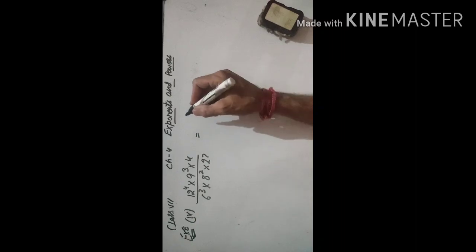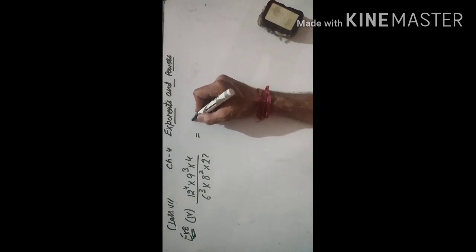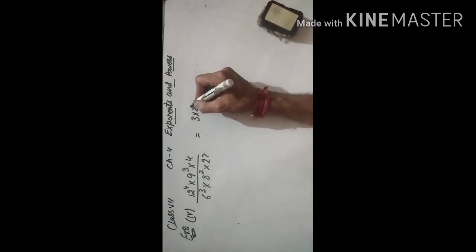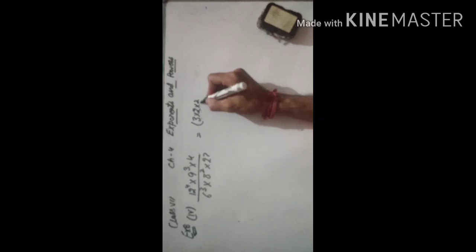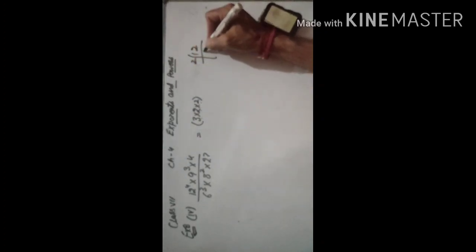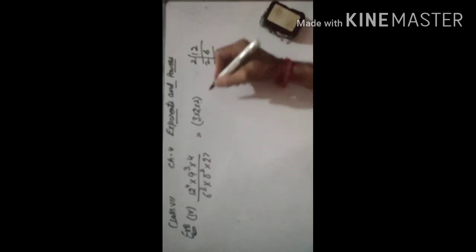Now 12 we have to make 3 into 2 into 2, so the factors of 12 are 2 into 2 into 3, so it becomes (2 square into 3) to the power 4.